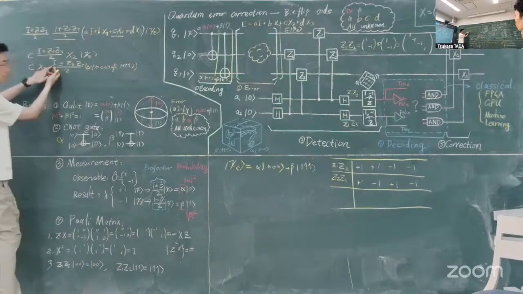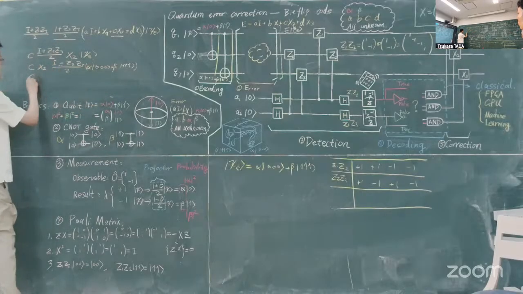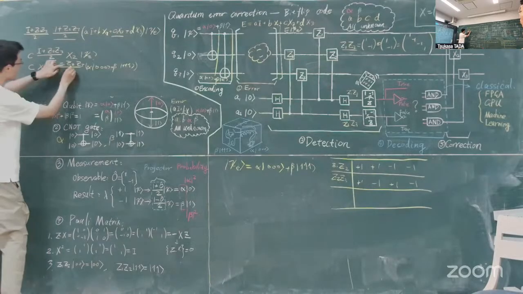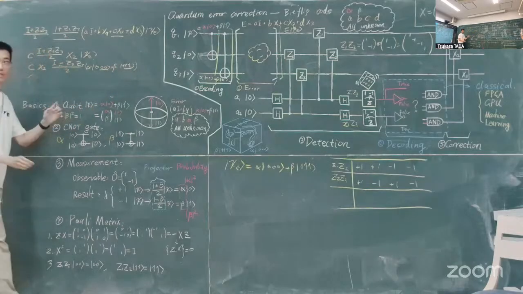And then the identity applied on the initial state makes the state unchanged. But also this Z2, Z3 applied on both 0, 0 and 1, 1 makes the state unchanged.